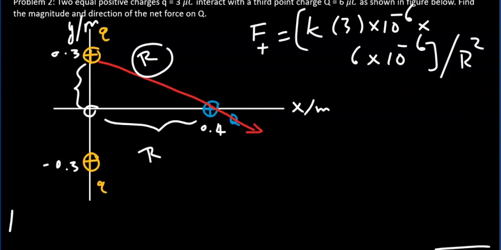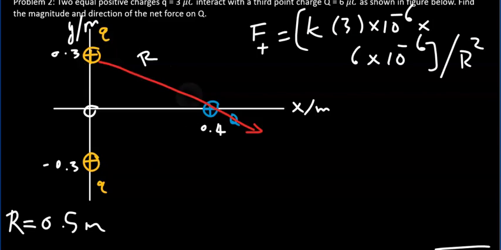Now from Pythagoras' theorem, r is quite simply 0.5 m. Another thing that we need to figure out is this angle alpha, because we need to compute the components of this F plus. So this F plus is going in that direction, so that means it has a positive x component going that way, and a negative y component going that way.